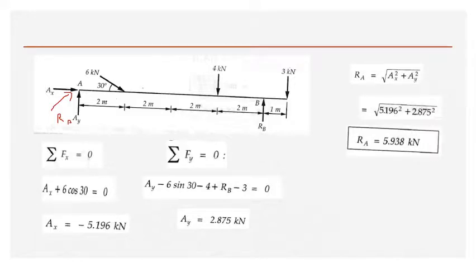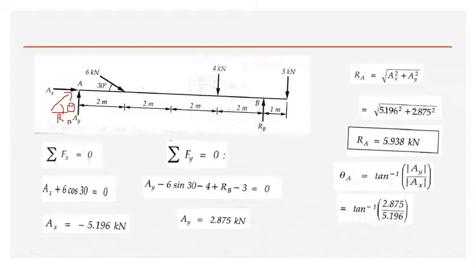Next is to find the angle of inclination theta. Theta is tan inverse Ax by Ay. Substitute the value of Ax and Ay. Ay is 2.875, Ax is 5.196. Substitute properly. So we get theta as 28.976. So this is how we find the unknown reactions.